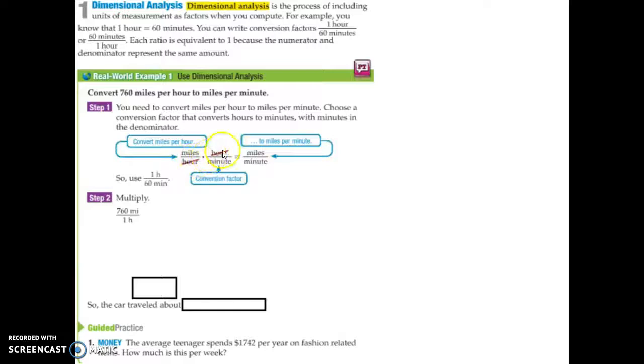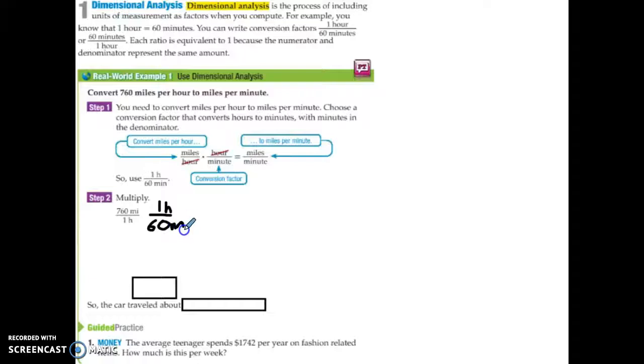I want to cancel out those hours, so I'm left with miles on top, and I'm left with minutes on the bottom, so miles per minute. And how I do this is, I know 1 hour is equivalent to 60 minutes. So I'm going to take 760 miles per hour and multiply it by 1 hour over 60 minutes.